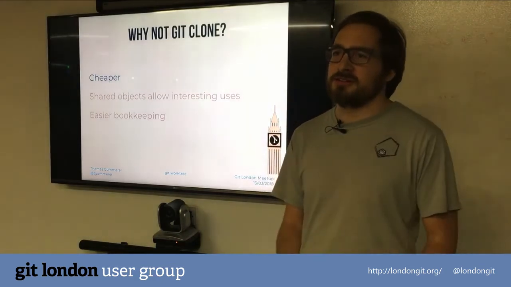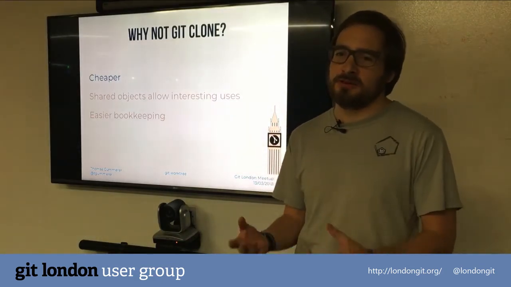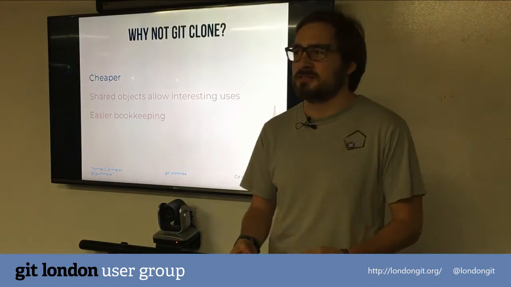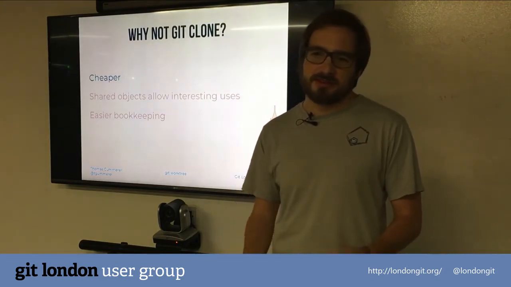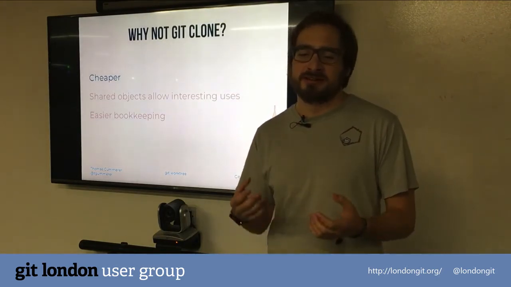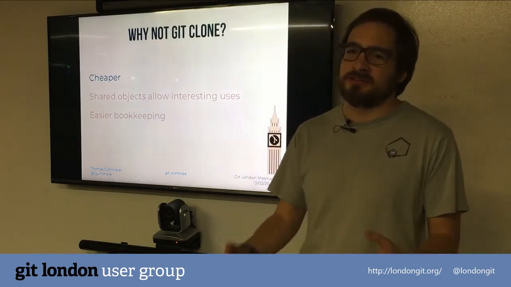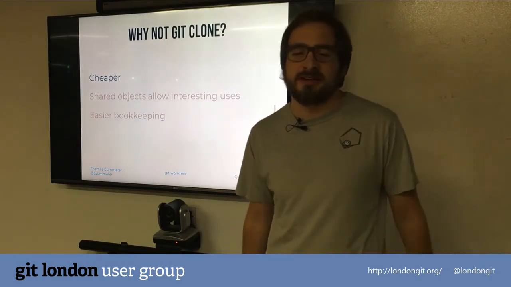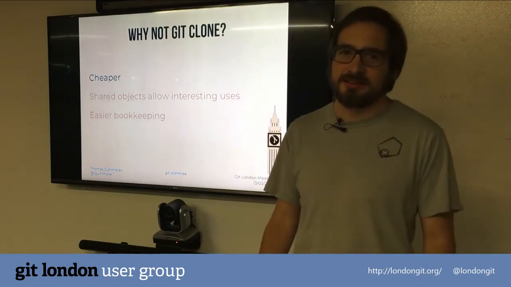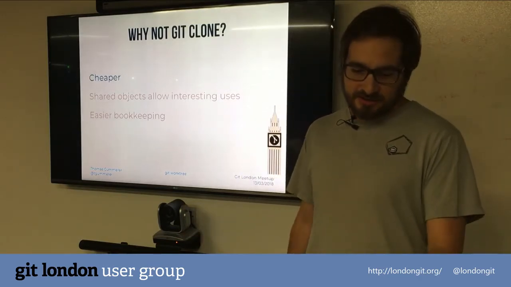Even though Git internally, I think if you do a local clone, it uses hard links, but still, you still have to create them, and once you work in both repositories, those pack files might get out of sync, so you eventually end up using more space that you might not have.